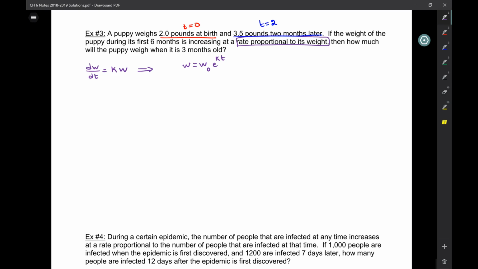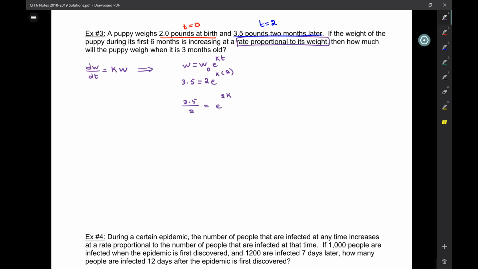So final amount 3.5 equals initial amount times e to the k times how much time has elapsed? 2 months. Okay, so 3.5 over 2 is equal to e to the 2k.